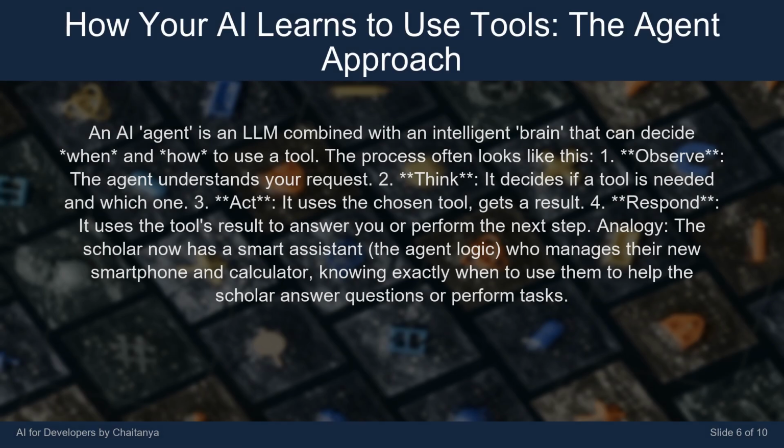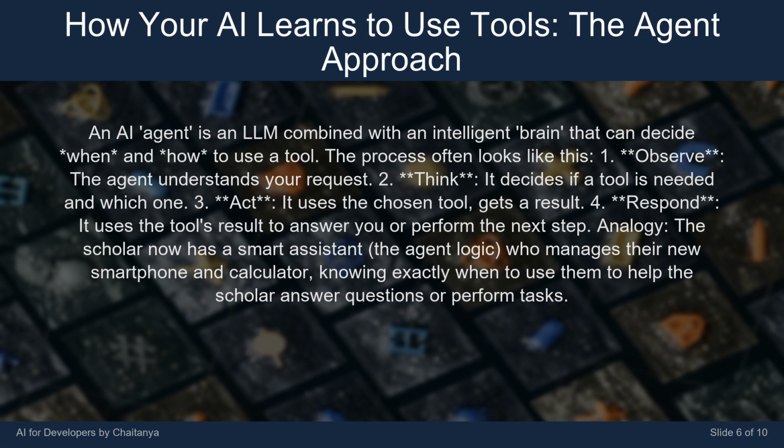An AI agent is an LLM combined with an intelligent brain that can decide when and how to use a tool. The process often looks like this. 1. Observe. The agent understands your request. 2. Think. It decides if a tool is needed and which one. 3. Act.